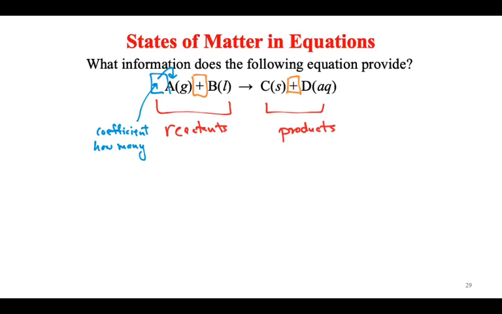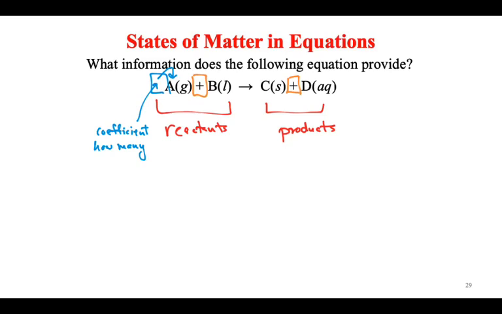Because on the reactant side, that is A being mixed with B to produce C and produced D. So while it's the same symbol, it has slightly different meanings because of where it is located, be it on the reactant side or the product side. Okay? It's still an AND operator, but it has slightly different connotations associated with it.